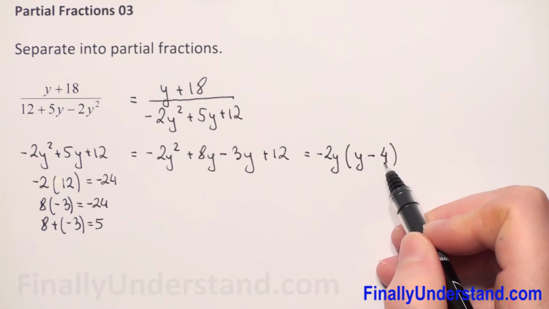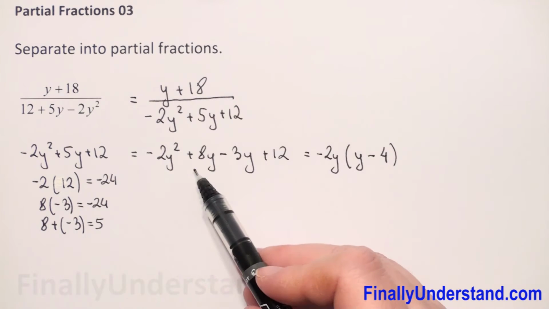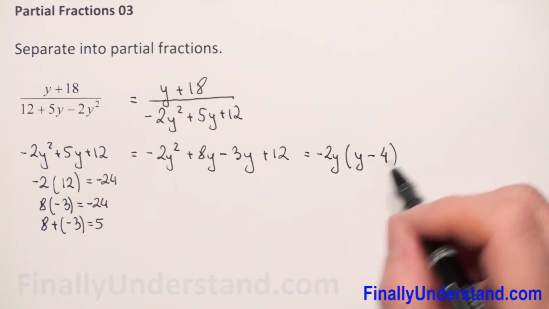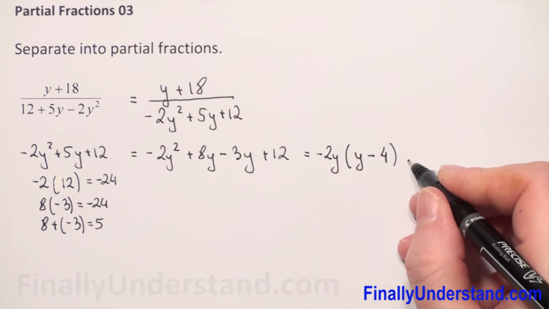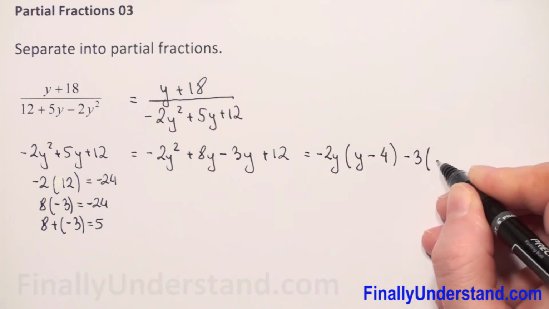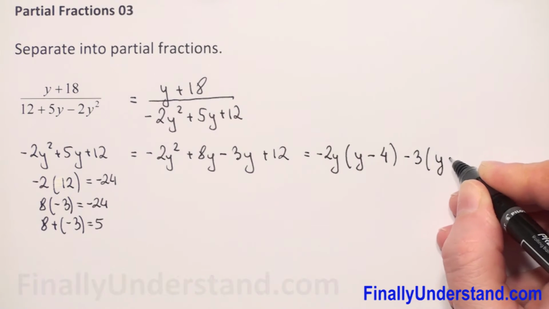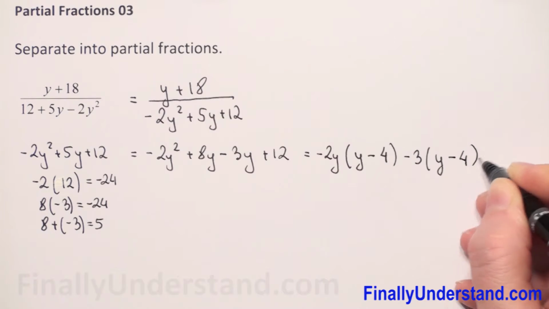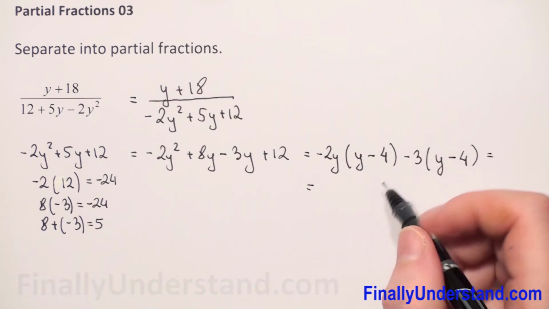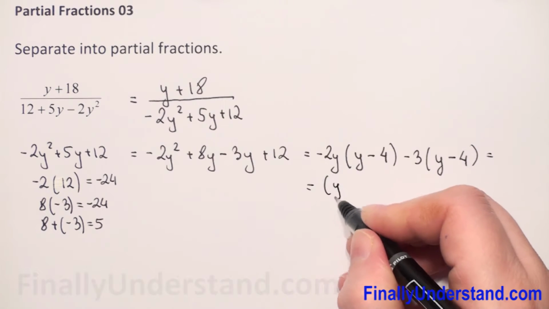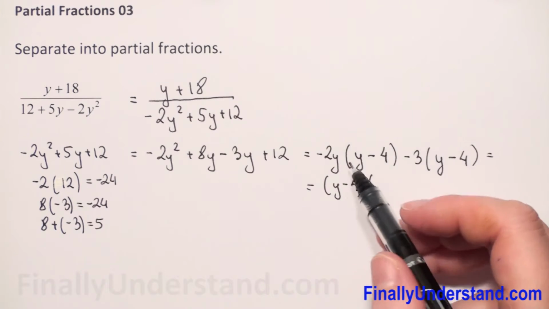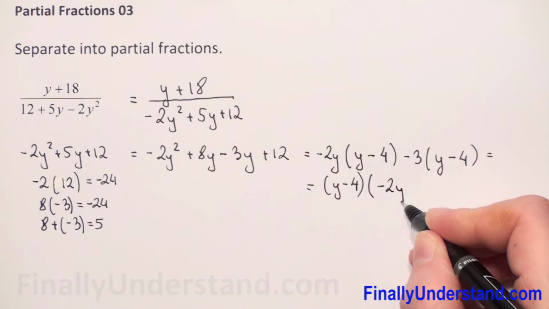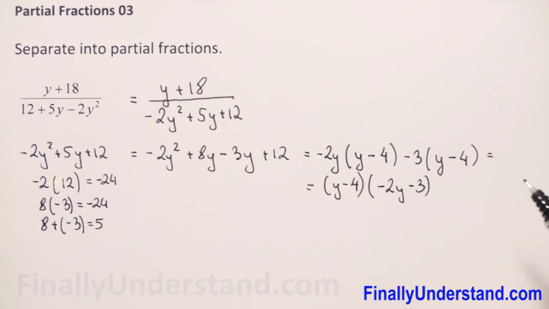Negative 2y times negative 4 is positive 8y. And from the last two terms, I will factorize negative 3. So in parentheses will be y minus 4. Now we can factorize y minus 4, and in parentheses will be, over on the left, negative 2y minus 3.